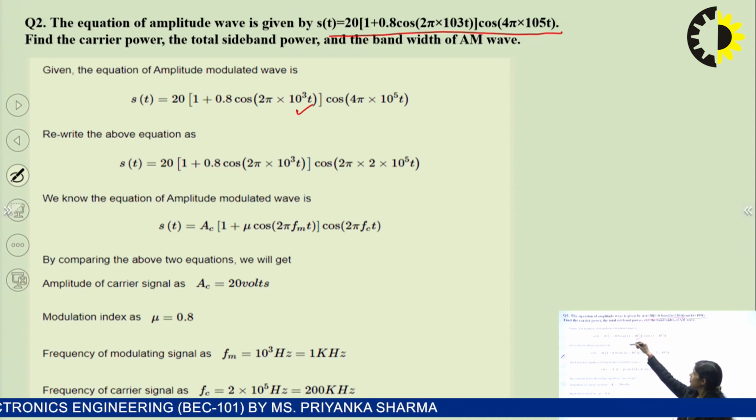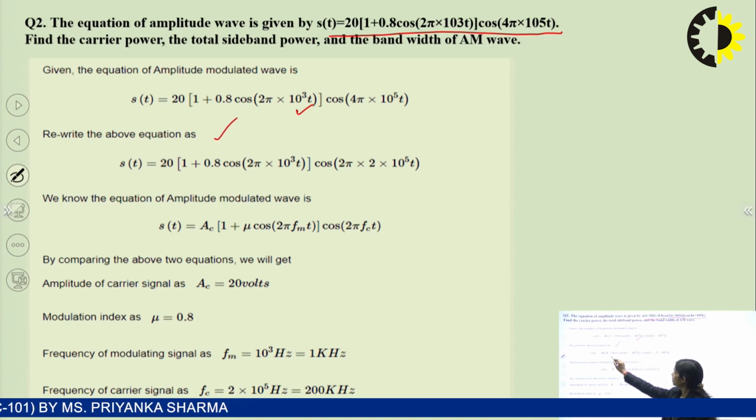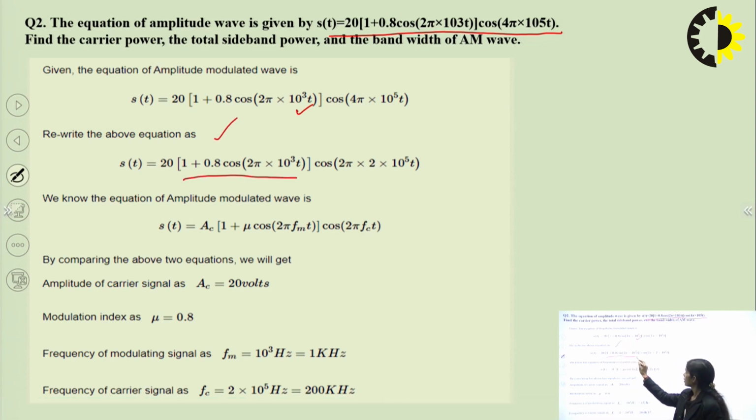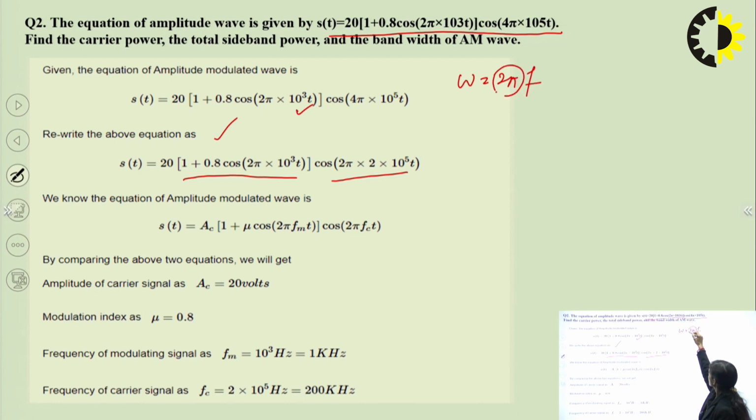This can be rewritten in this way, because we have ω = 2πf. So for the standard form we have to separate the 2π. So we will separate the 2π here. Now we will compare this given equation with the standard equation of an amplitude modulated wave. This we studied in the very first basic concept of the amplitude modulated wave equation.